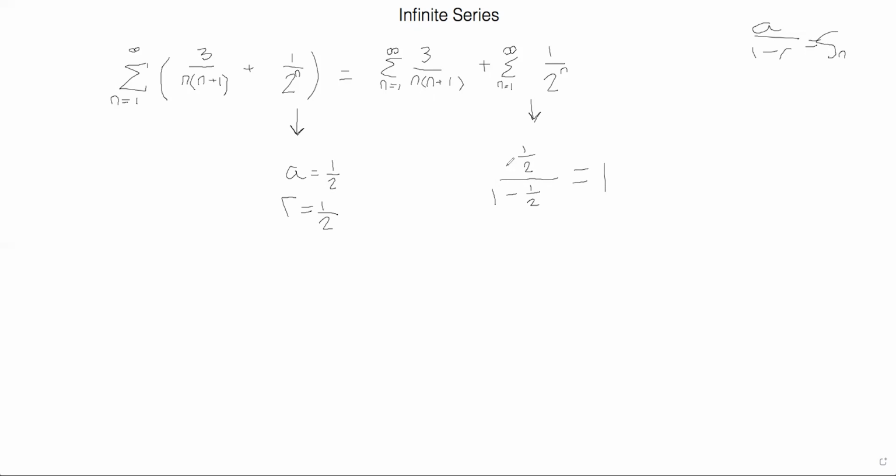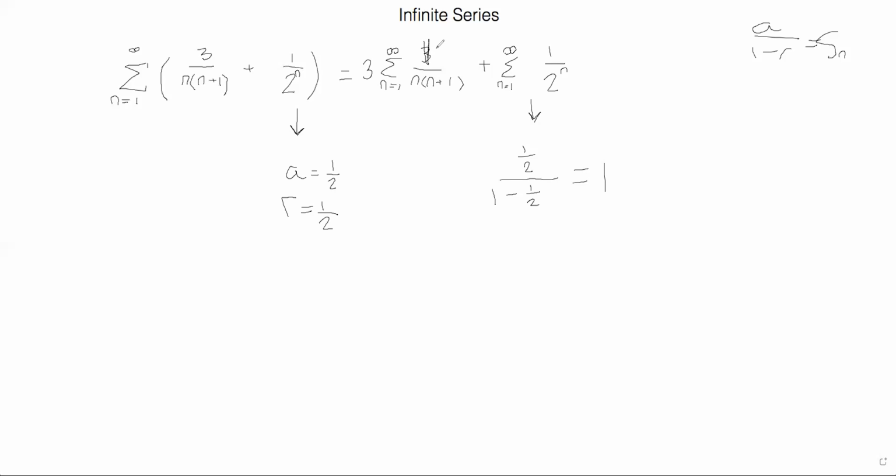Now let's see if we can do the same thing for the other part. We can start by taking the 3 and moving it outside. That is something we're constantly able to do with integrals and limits and derivatives. A constant like that can always be moved to the outside of the operator. And now we have 1 over n times n plus 1.